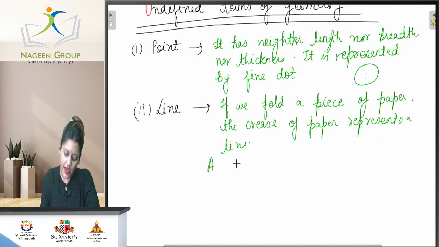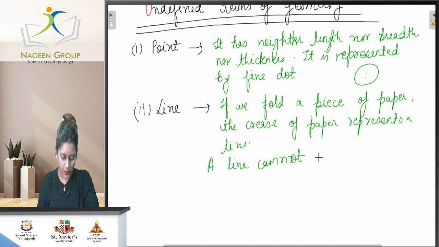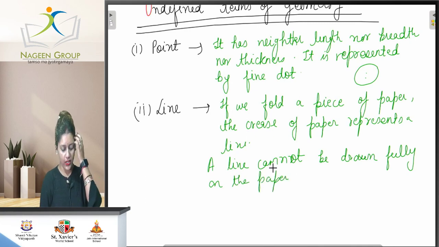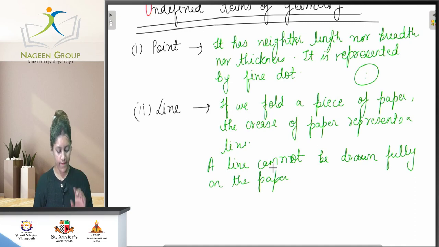A line cannot be drawn fully on the paper because it extends.